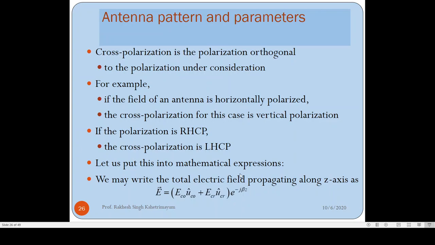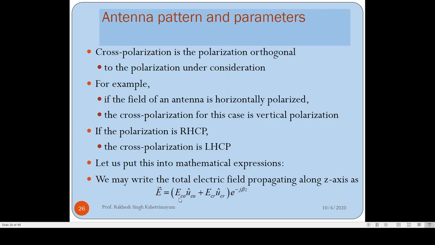Let us discuss this in a mathematical expression first. Let us try to understand this from the mathematical point of view. If you assume a wave is propagating along the z-axis, the electric field of this antenna in the far field can be expressed in two components. One is the co-component and another is a cross component.